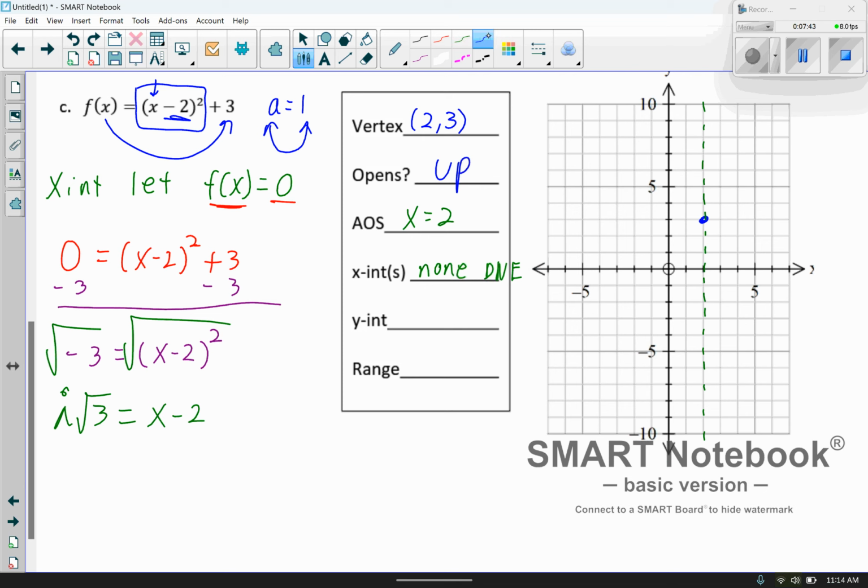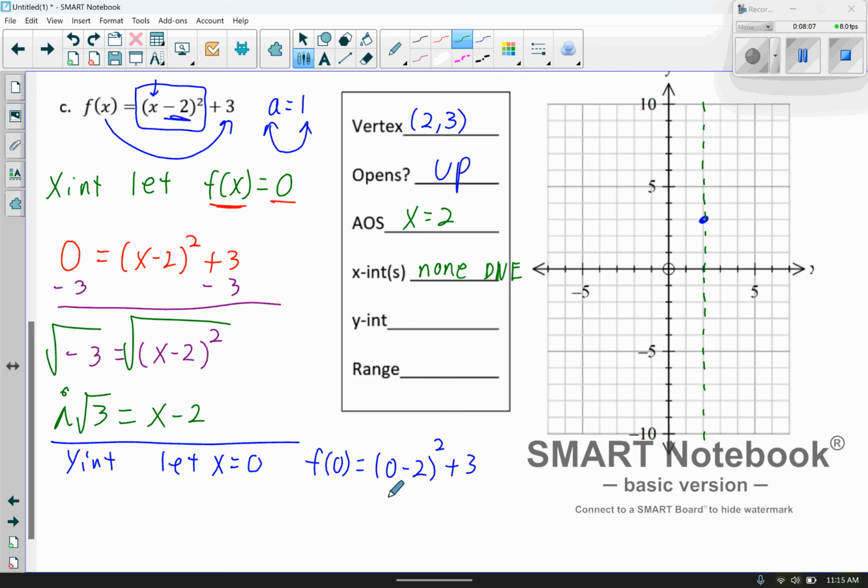So by definition, for a y-intercept, we'll go ahead and let x equal 0. So I want to go ahead and do f of 0. So let's see, we're going to have 0 minus 2 squared and then plus 3.